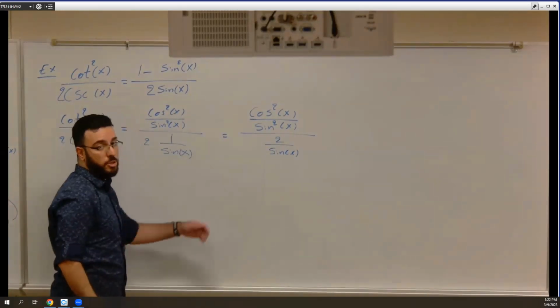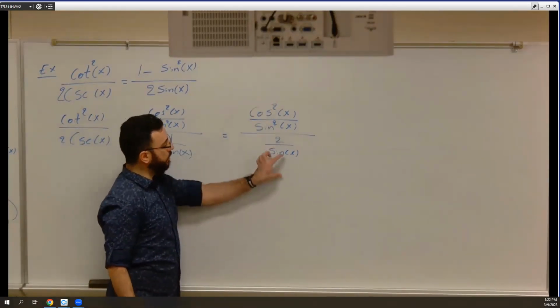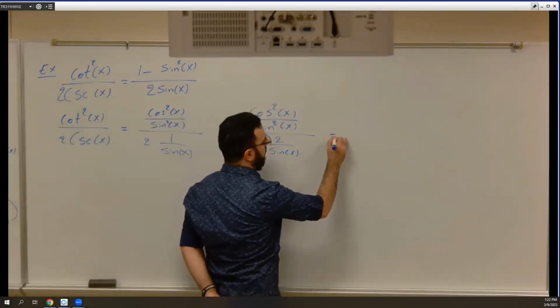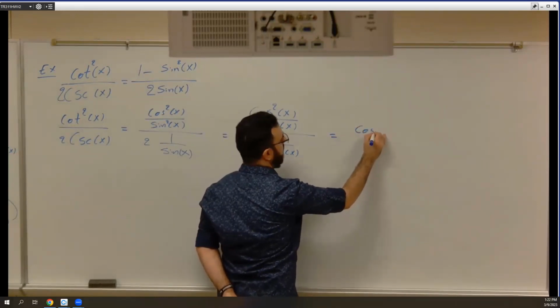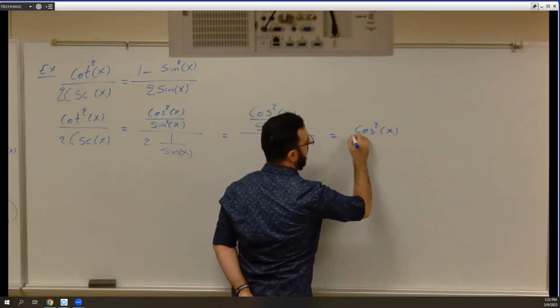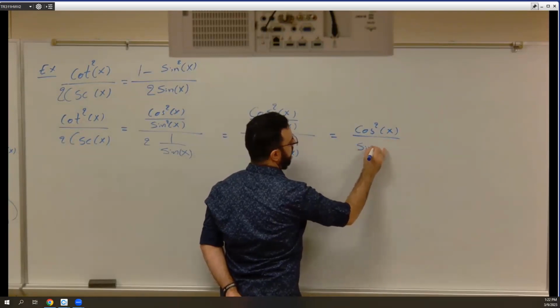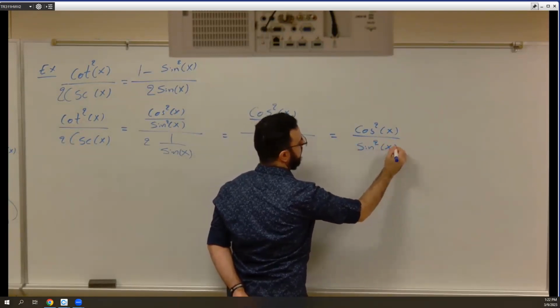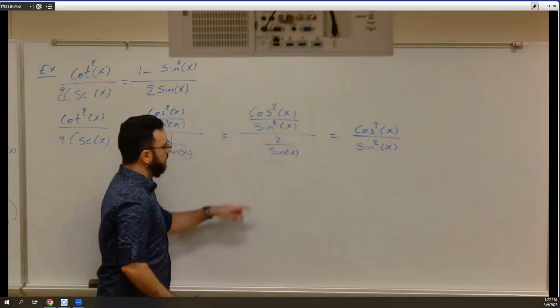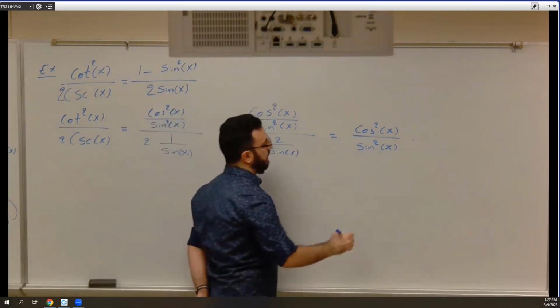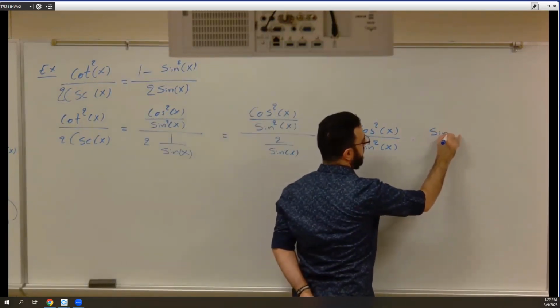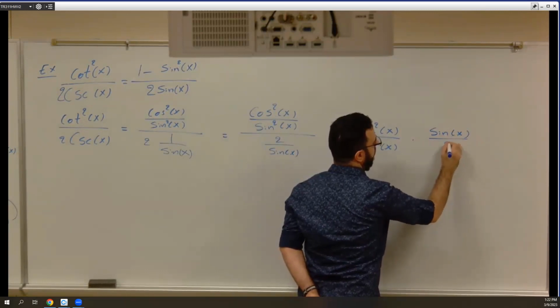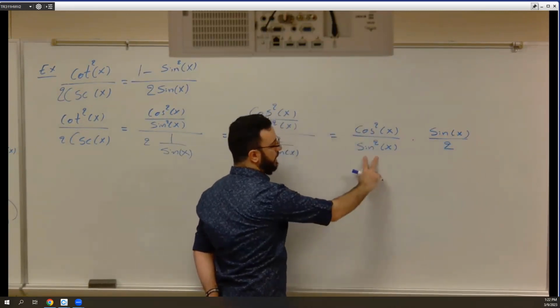Now it's the division between two fractions. So I'm going to write down cosine square x over sine square x times sine x over 2. How many sine do I have here?